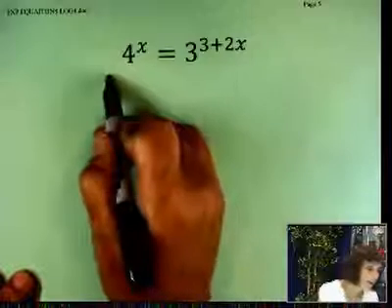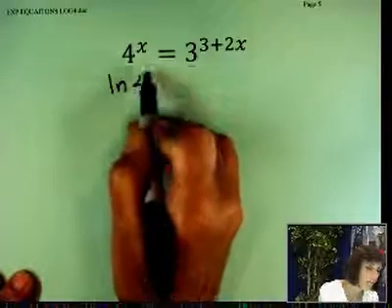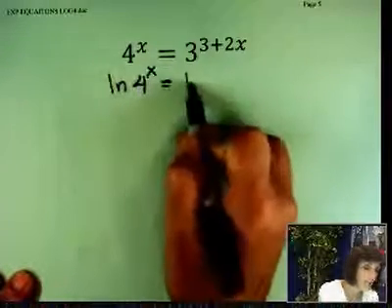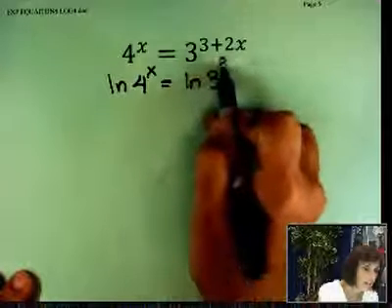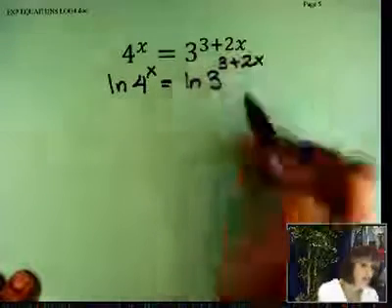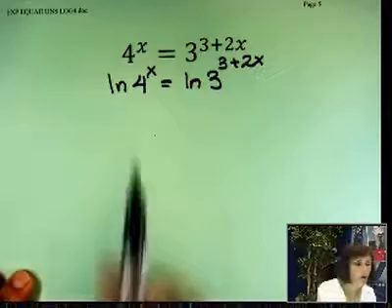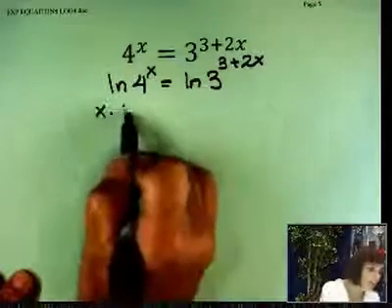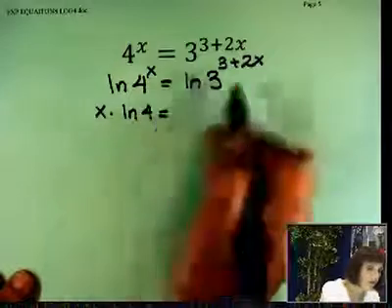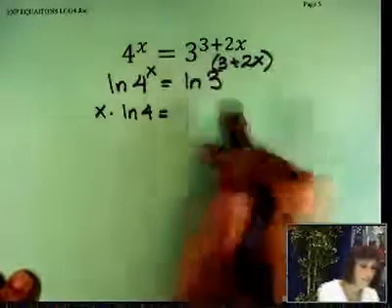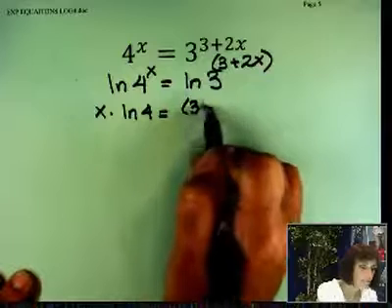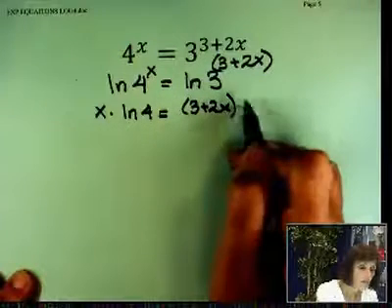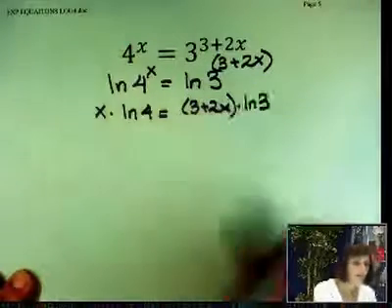So I'm going to take ln of both sides. ln of 4 to the x, ln of 3 to the 3 plus 2x. What does that mean? You can carry the x up front. x times ln of 4. You can put that 3 plus 2x up front. 3 plus 2x times ln of 3.